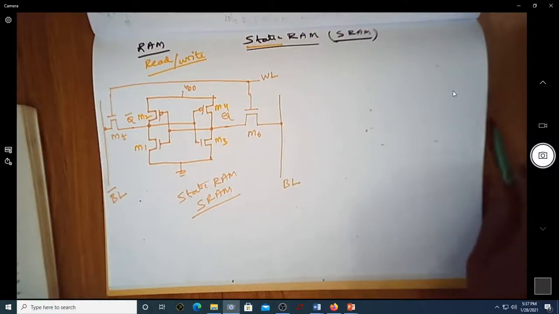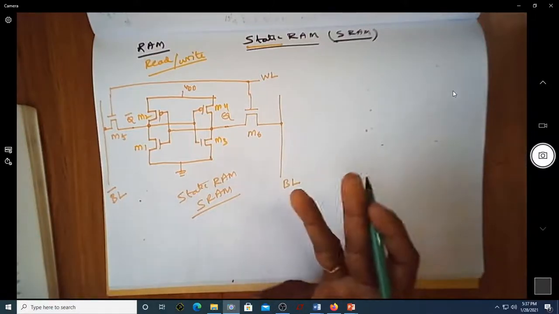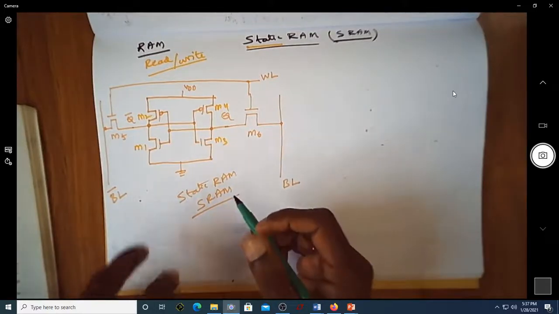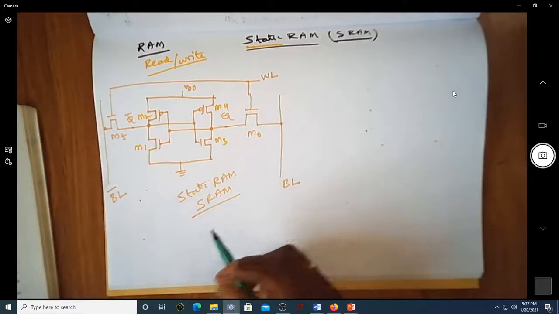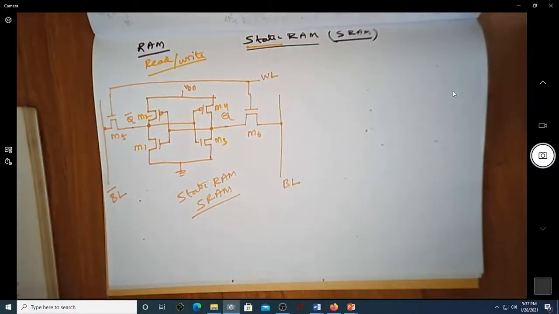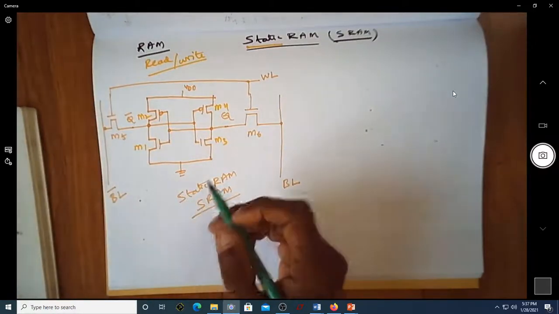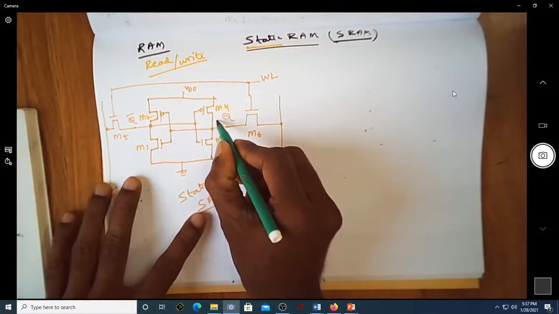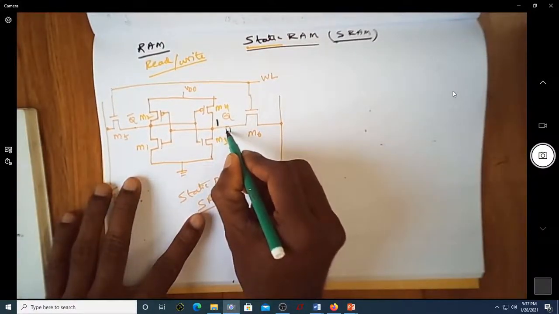Let us try to understand how we read or write the values onto this. Let me first try to understand how we store the value and how we actually read the values. Let us assume that this is holding a value of 1, that is, logic high is stored.